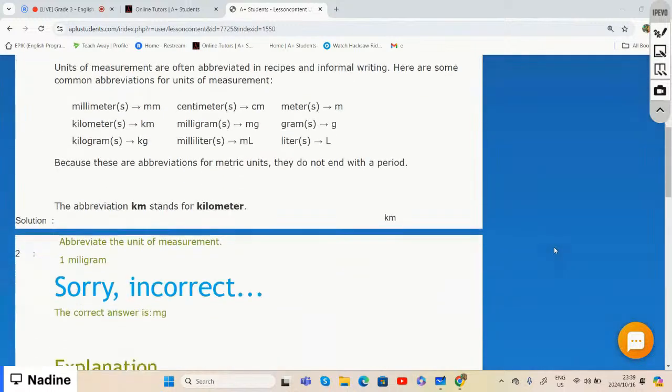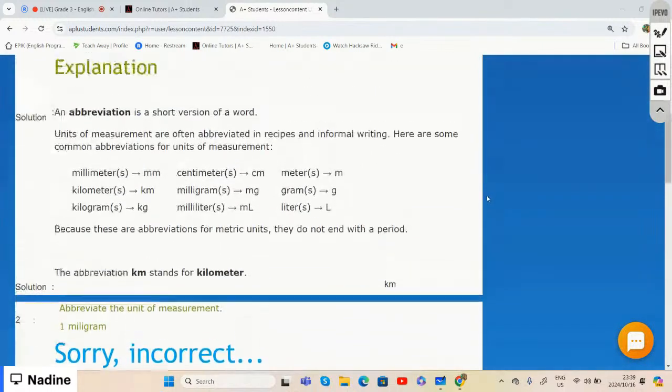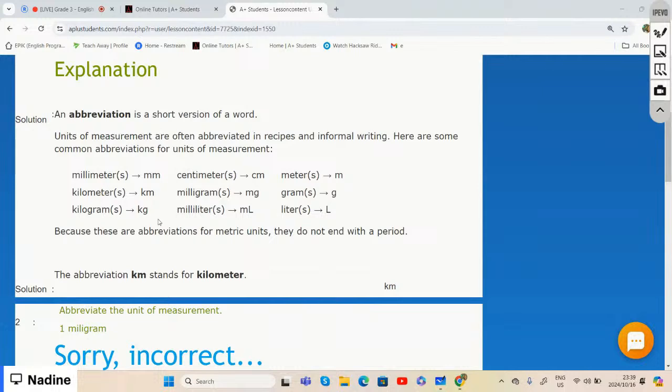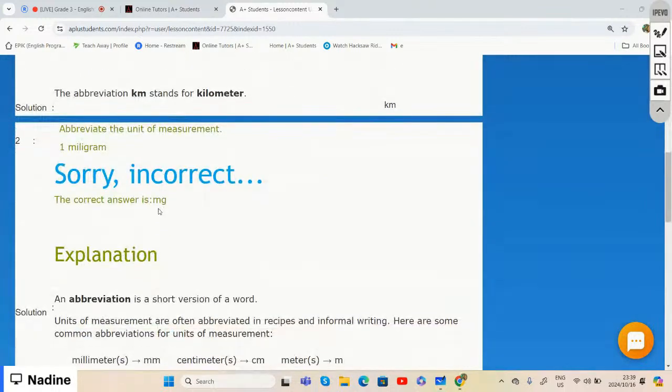All right, let's go to the next one. Milligram. How do you abbreviate milligram?